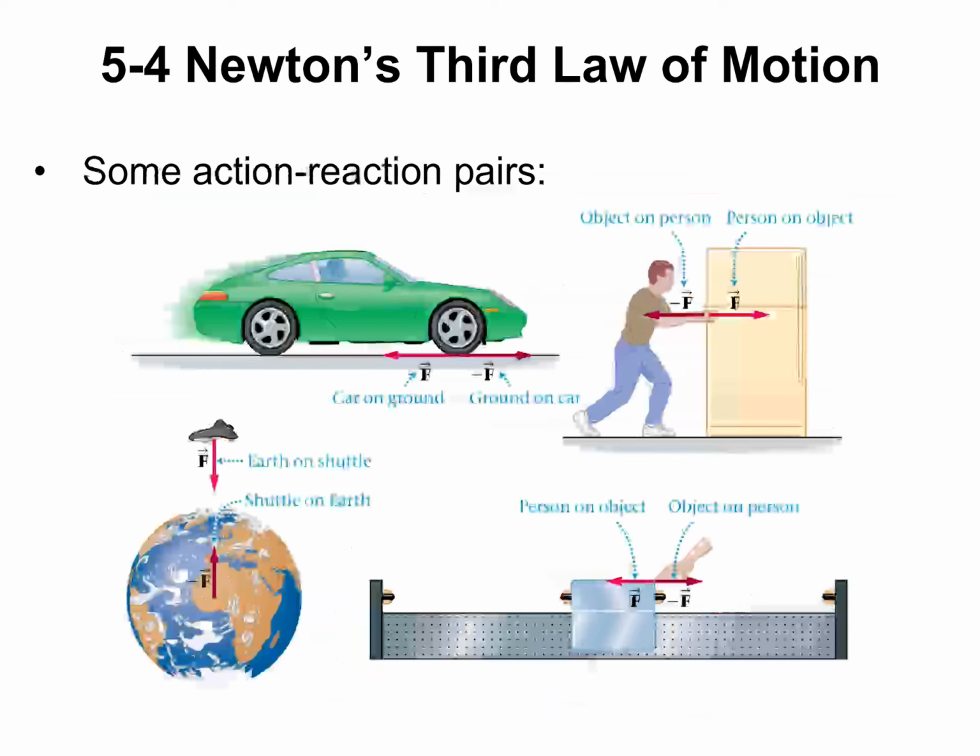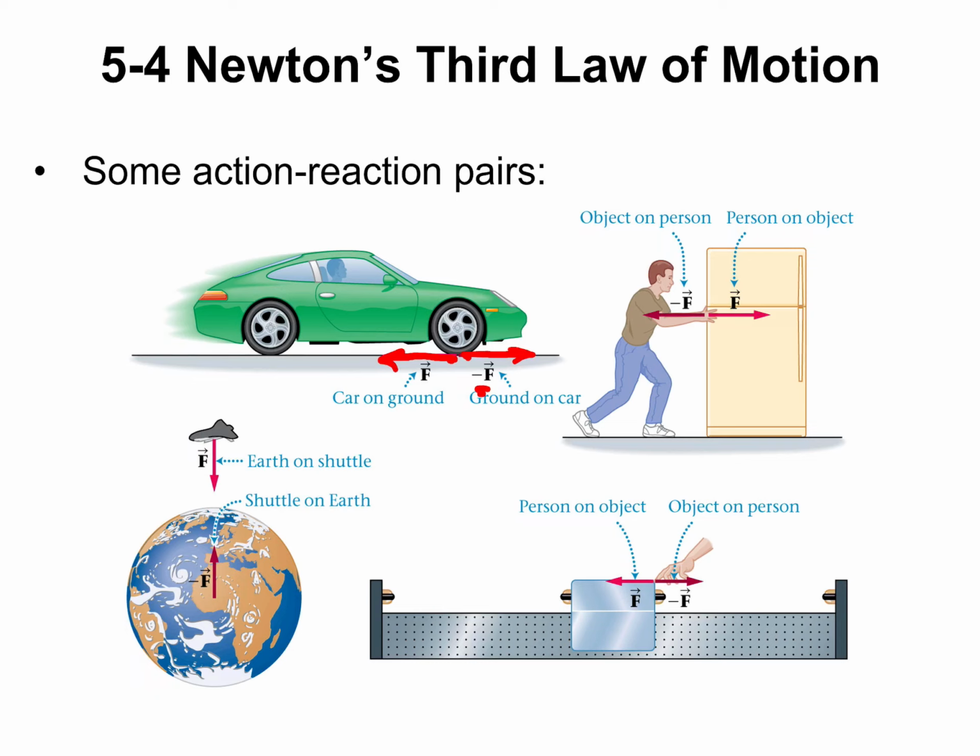Here's an example about third law pairs. When you drive the car, this force is from the car on the ground. Meanwhile, this is the force from the ground on the car, and exactly this force pushes the car forward.